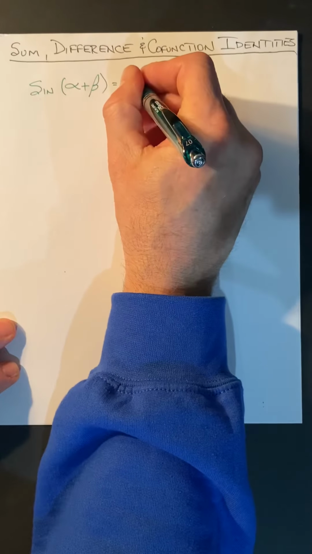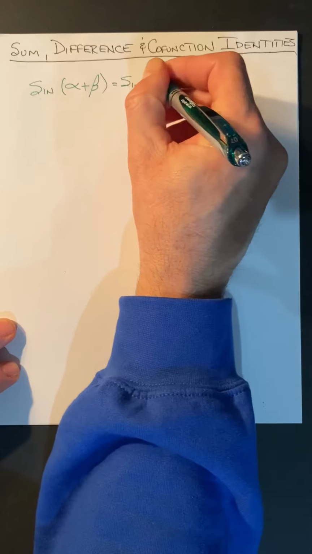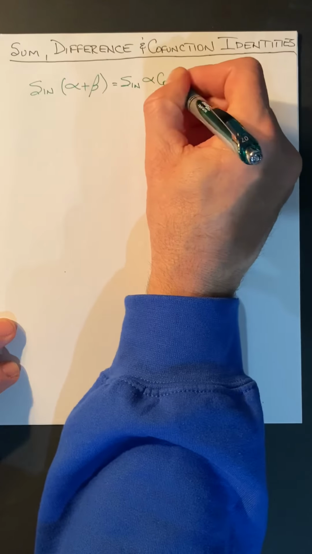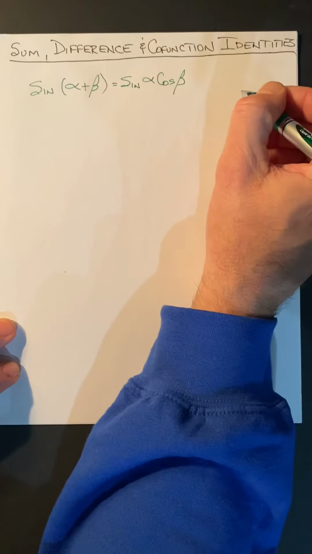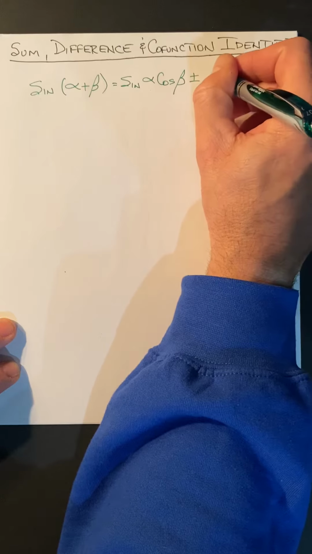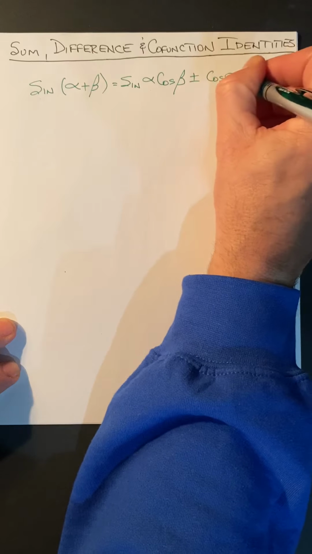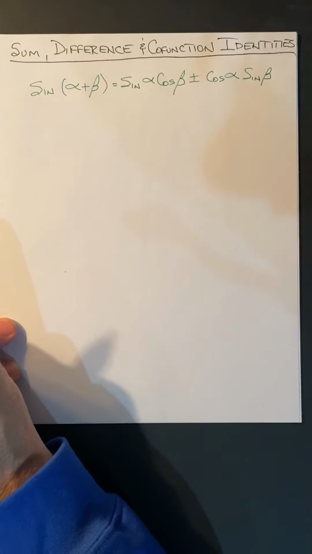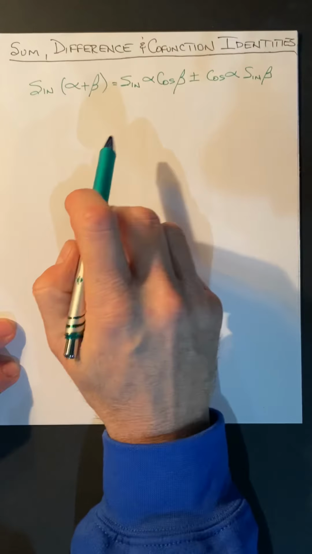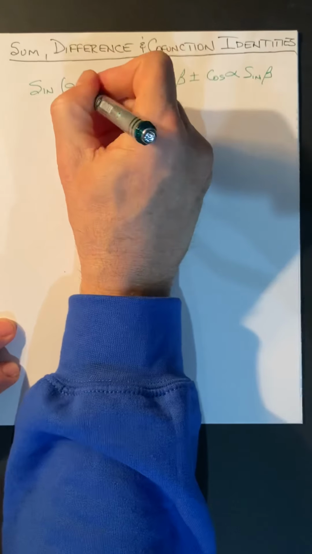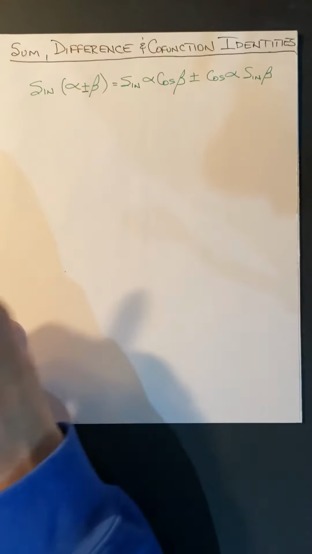And that formula breaks down into the sine of alpha cosine of beta plus the cosine of alpha sine of beta. Okay? And I said plus or minus there because it really works for both.